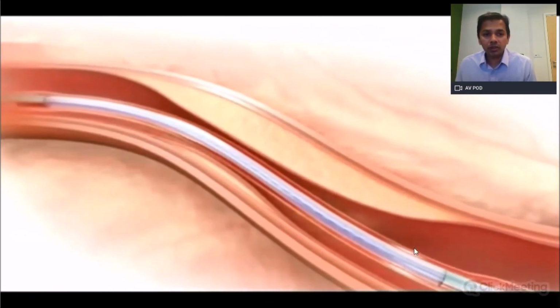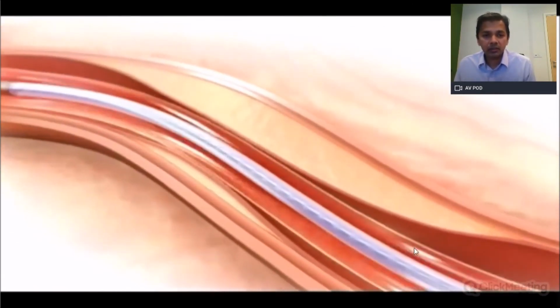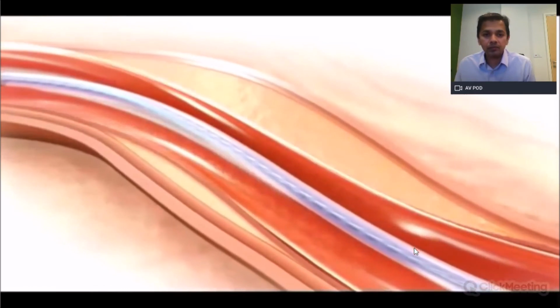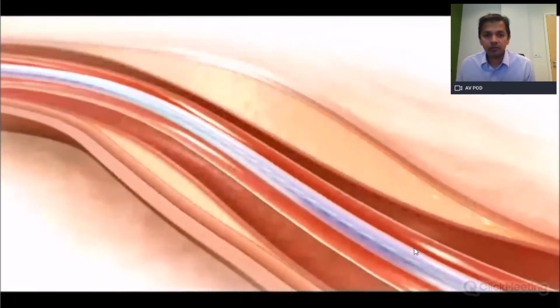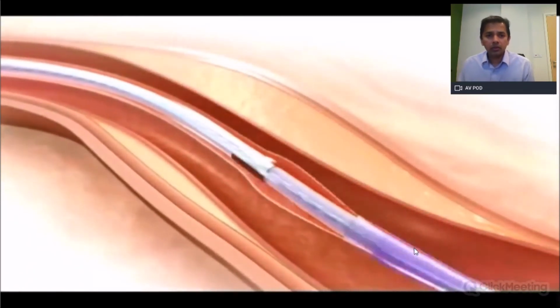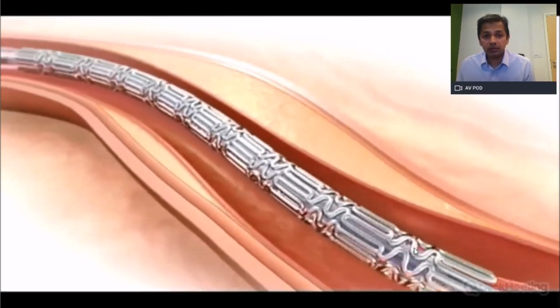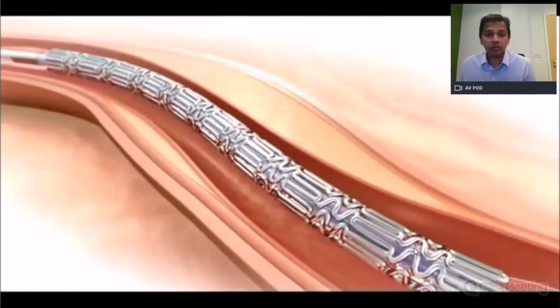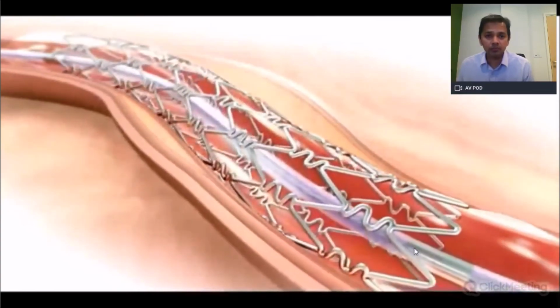You introduce a wire, you introduce a balloon, and you widen this narrowing. You open up the tight lesion with a balloon, and the next thing is you introduce a stent, and you inflate the stent according to the size of the vessel wall.